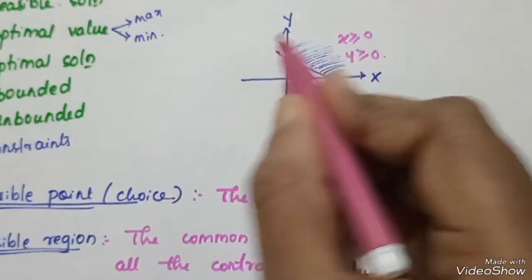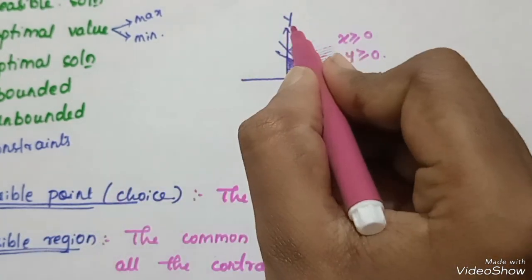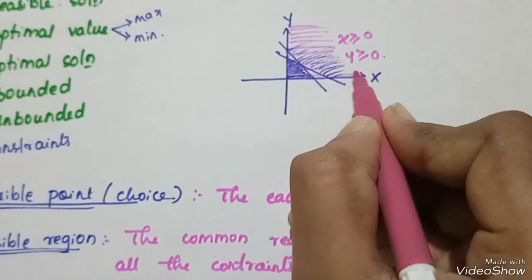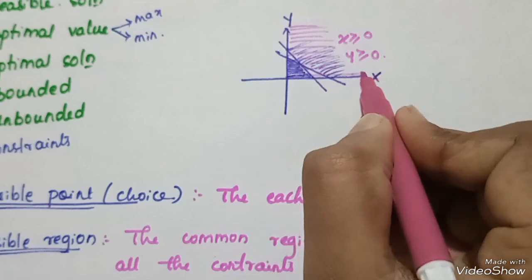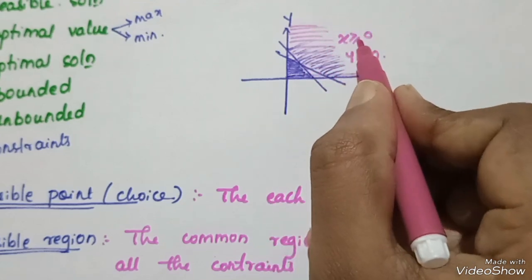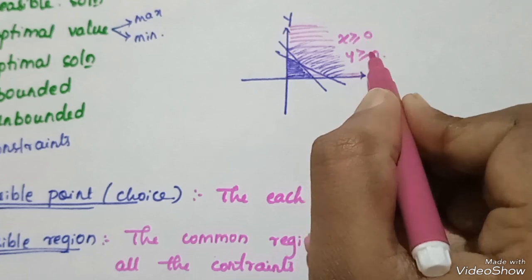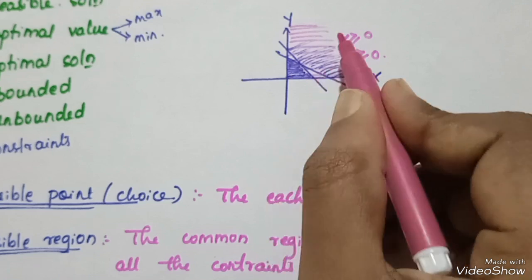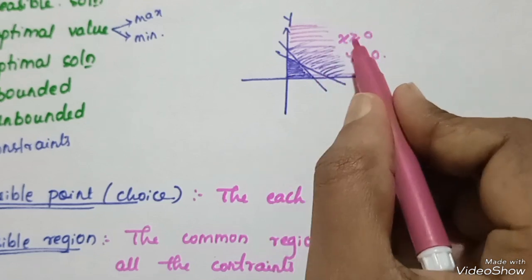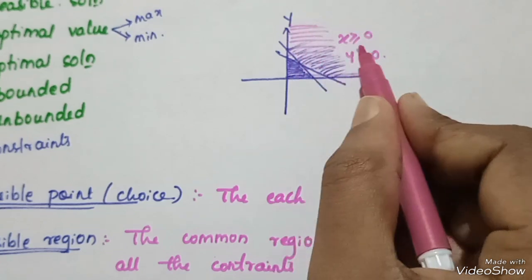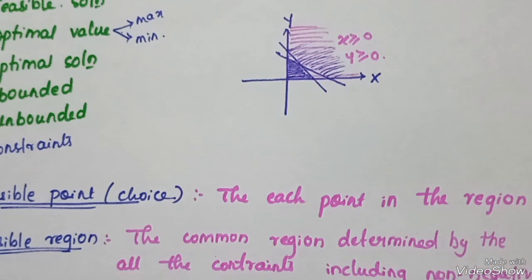We have to study the linear programming problems in the first quadrant only, because in this quadrant x and y values are positive, so we get the maximum value here. That's why we consider only the first quadrant.